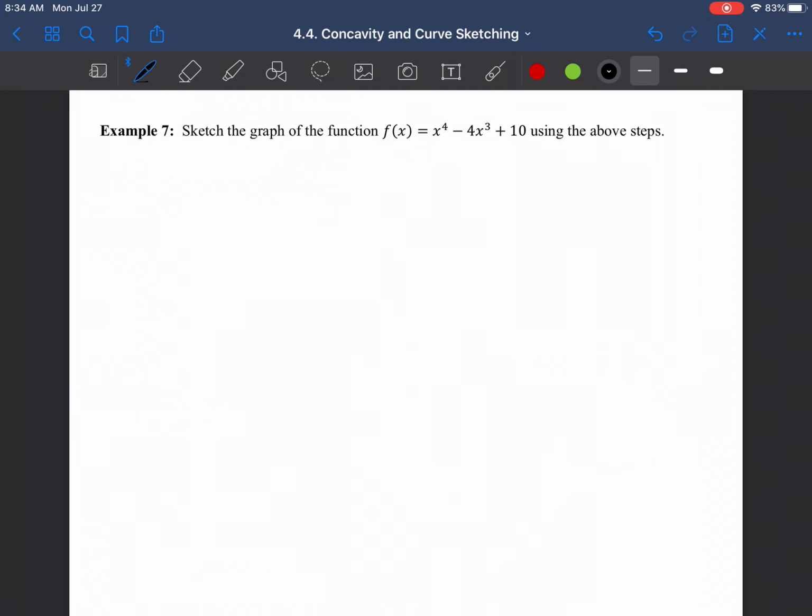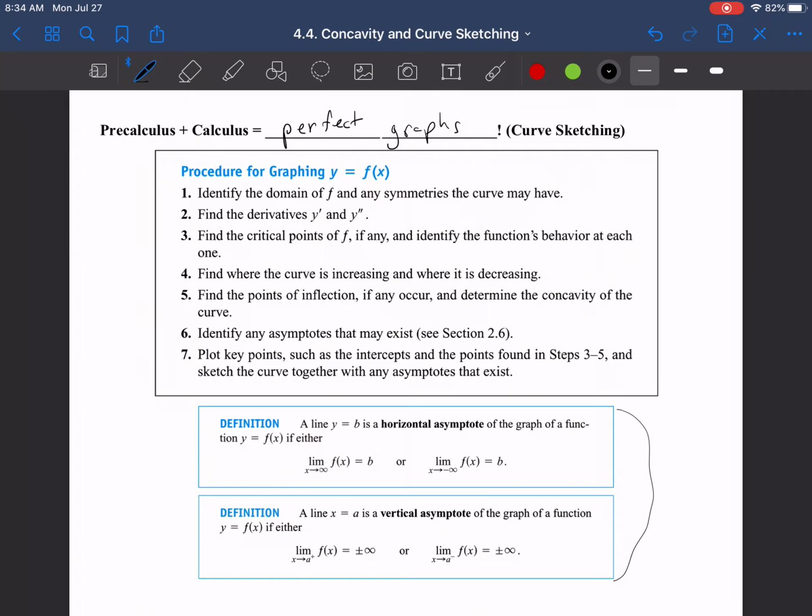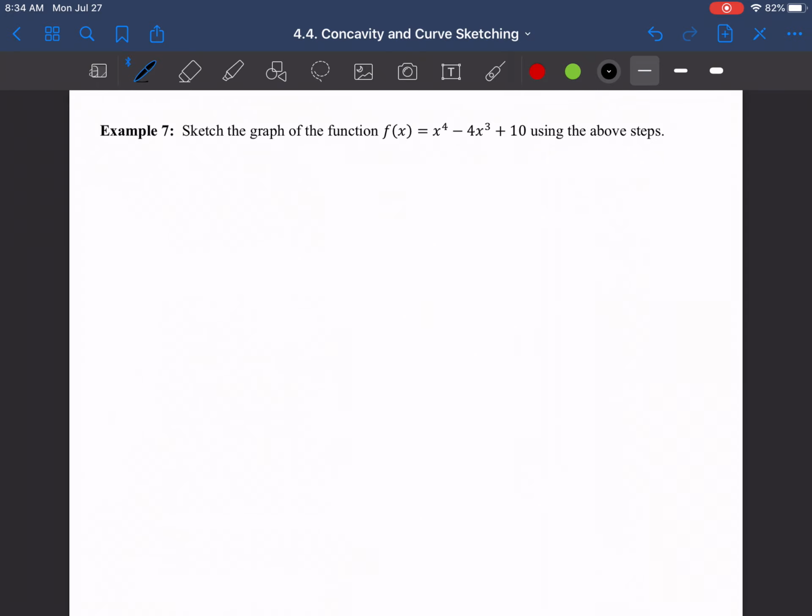Well, this is not even, it's not odd. The domain is going to be all real numbers, so I don't have to worry too much about that one at this point. And then the next step says find the derivatives. So that's what we'll do next, is find the derivatives of this.